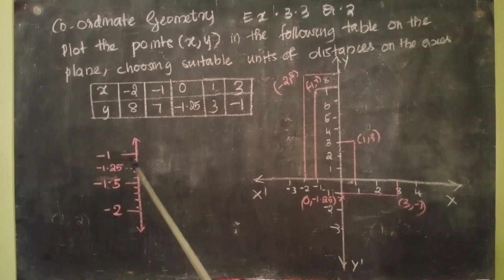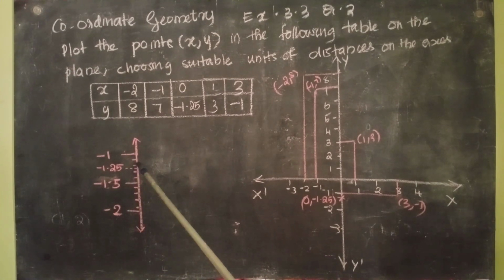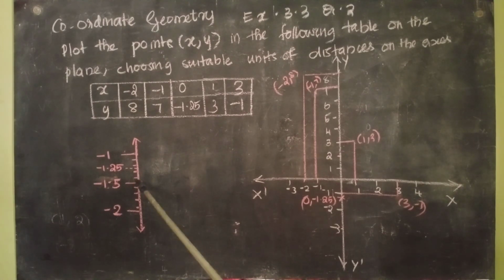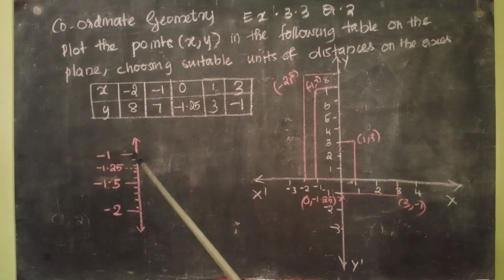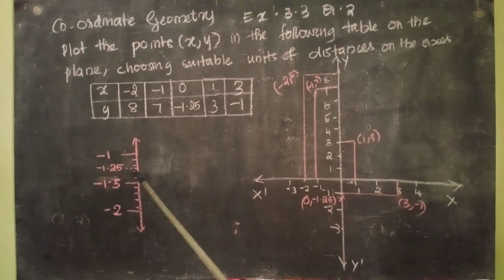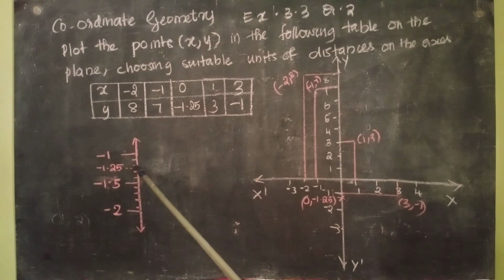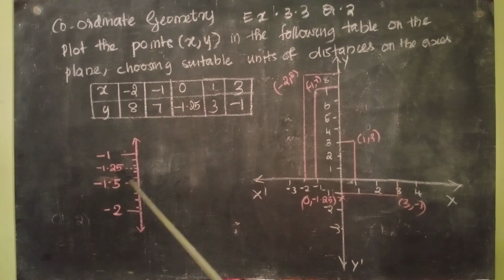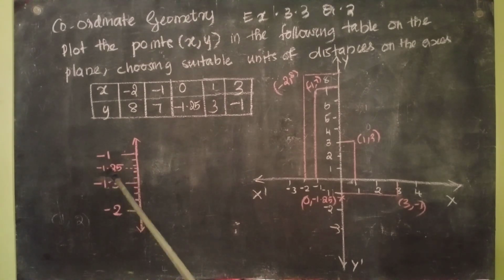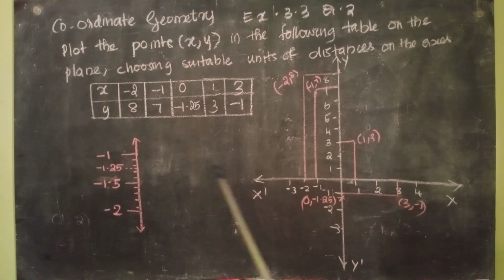In between, this is minus 1.1, minus 1.2, minus 1.3, minus 1.4, this is minus 1.5. So minus 1.25 is in between minus 1.2 and minus 1.3. So here you can plot minus 1.25, a little down of minus 1.